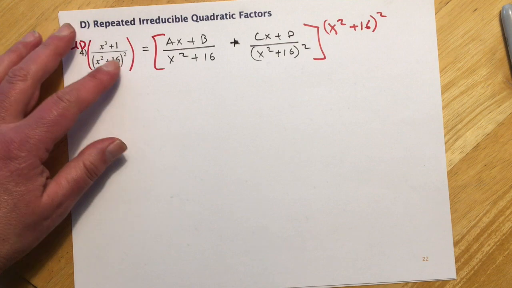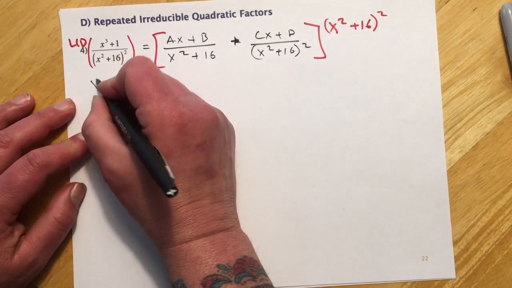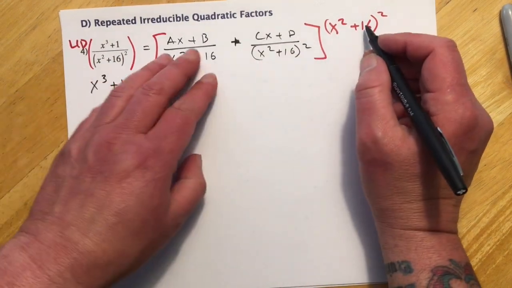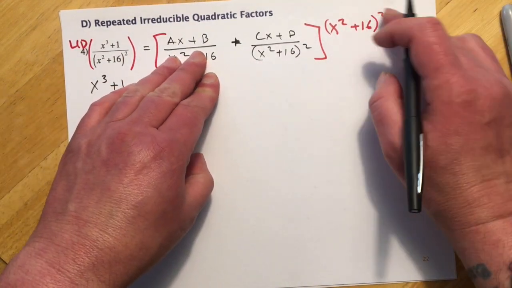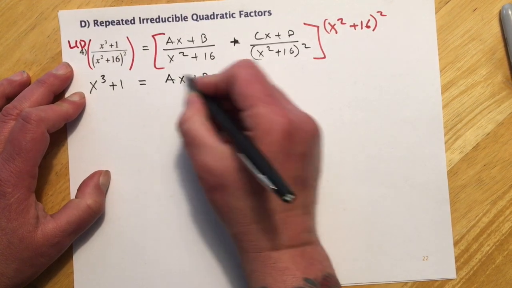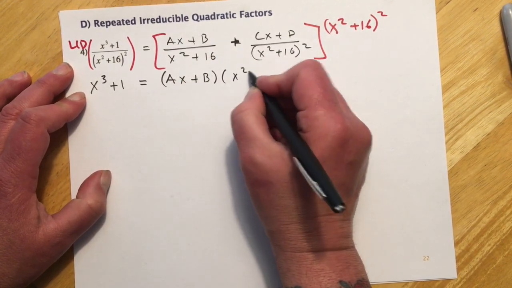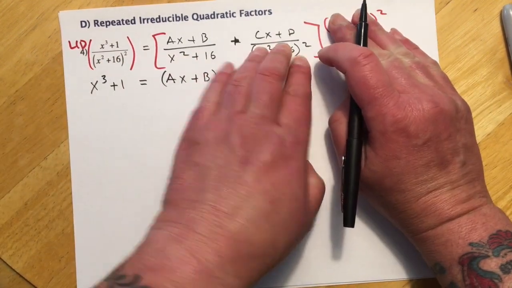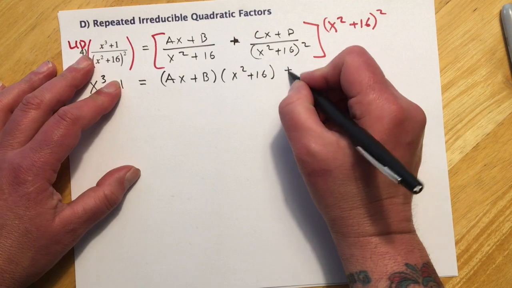So this whole side cancels, and I got x cubed plus 1. And then this 1 would cancel and 1 would survive, right? So this is going to be ax plus b, and then x squared plus 16. And then right here, this would cancel entirely, so just cx plus d survives.